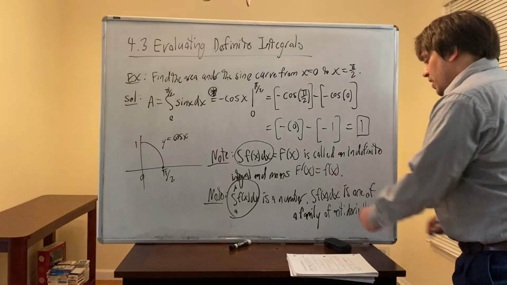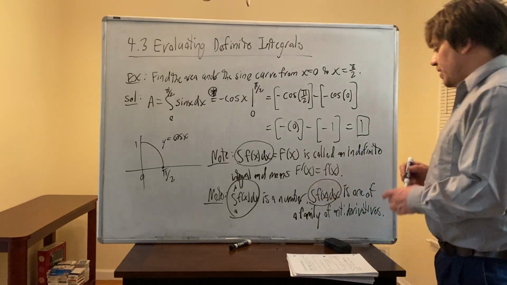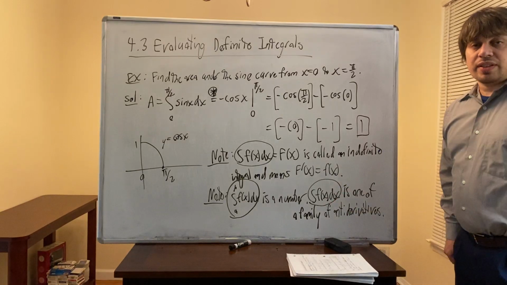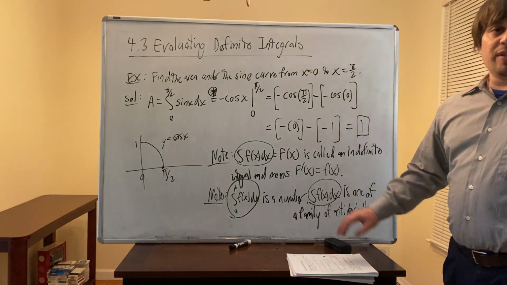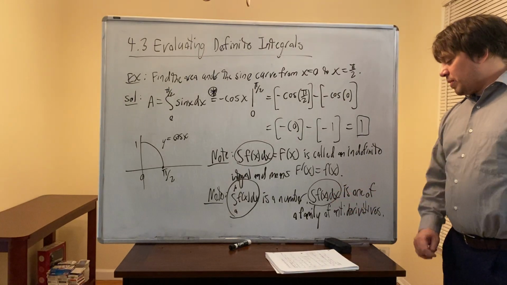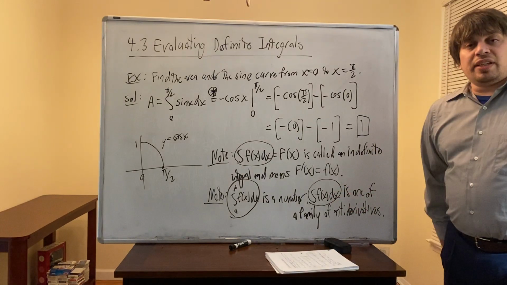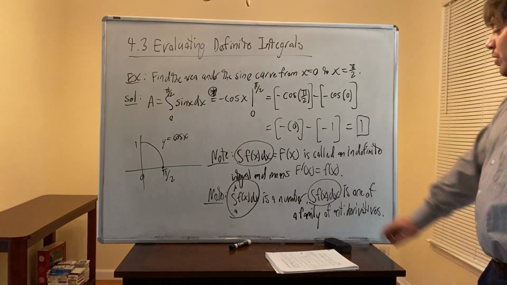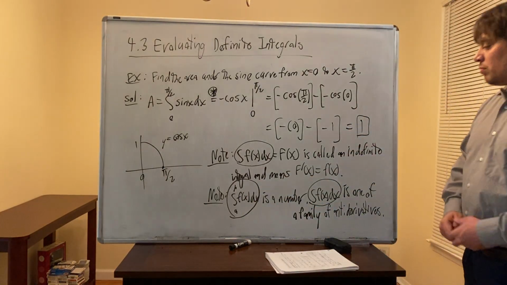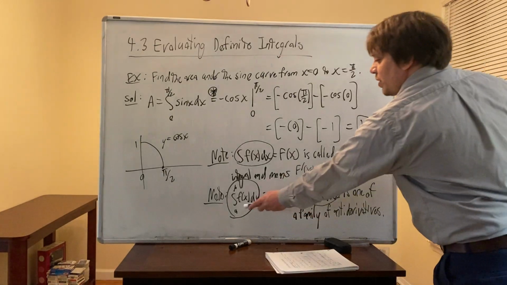Okay, this is one of a family of antiderivatives, right? This is the notation for a function whose derivative is little f of x. We showed earlier that a function can have infinitely many antiderivatives. So this is the notation for one of a family of usually infinitely many antiderivatives. This is notation for a function. This is notation for a number. The definite integral is a number.